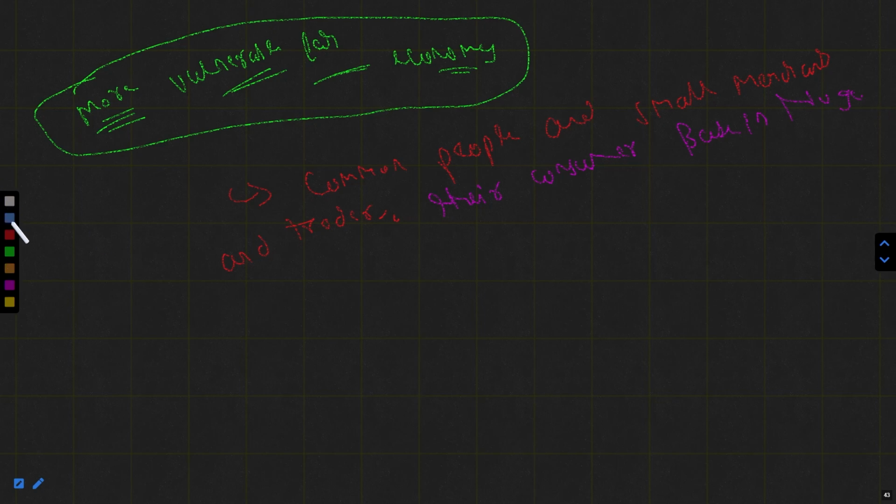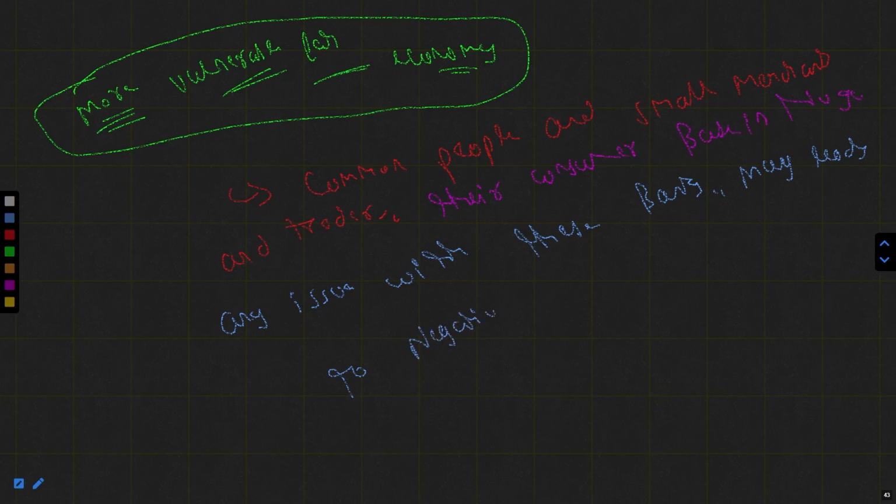That's why any issue with these banks may lead to negative implications on the economy in high numbers.